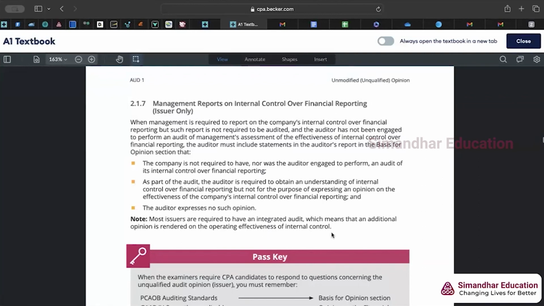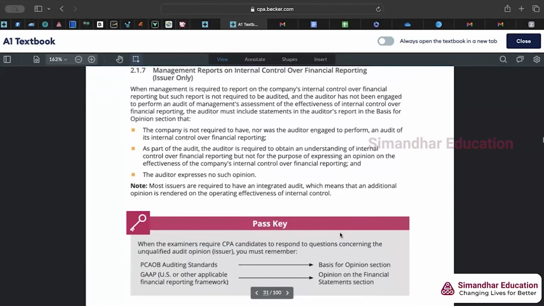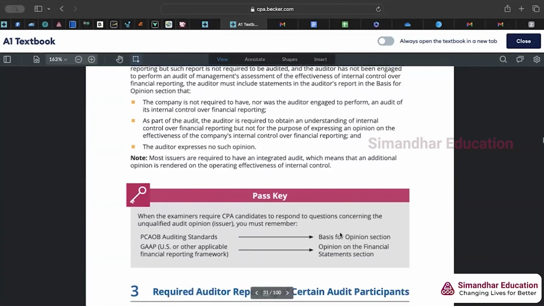Most issuers are required to get an integrated audit done. But there are certain issuers that do not require the audit to be done.